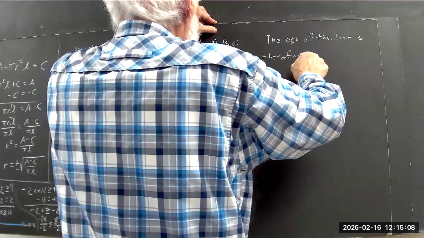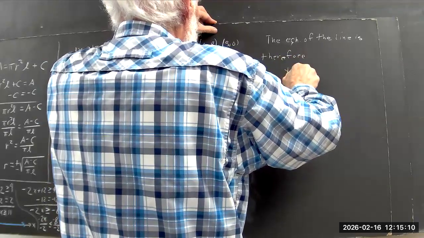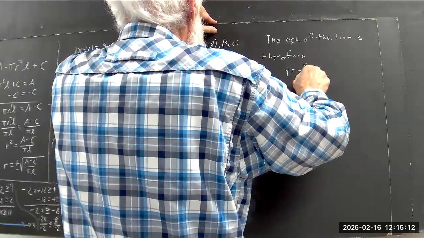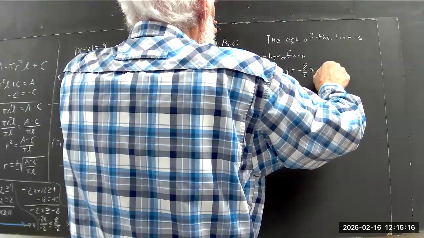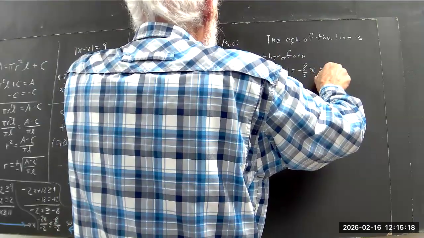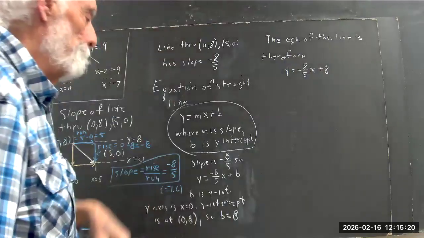The line is therefore y equals negative 8/5 x plus 8.